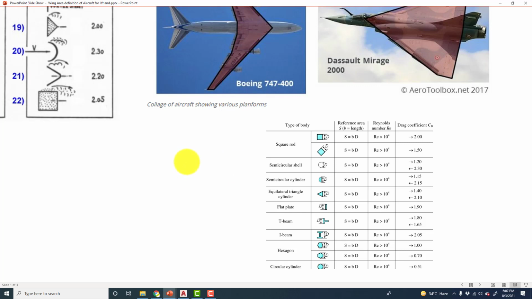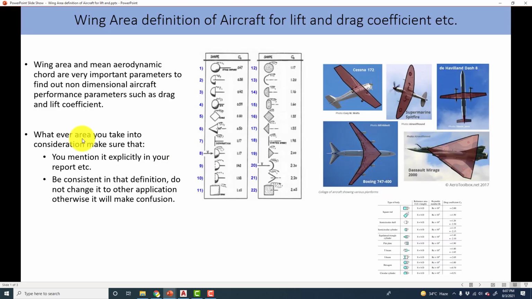If you are referring to some case, just take the reference area which was quoted by the original provider of the data. And if you are making a CFD simulation, or maybe using some other experimental data, in that case you should take the same reference area to compute CD, CL and so on, so that we can have similarities.